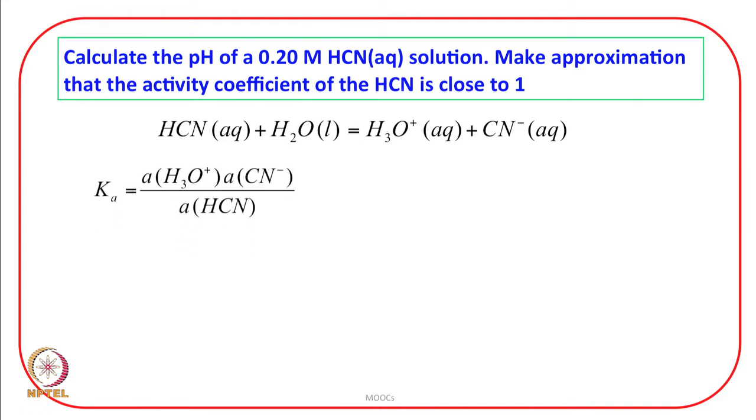And we also wrote the expression for Ka, and we came up with this expression: the activity of H3O plus is equal to the acidity constant into the concentration of HCN, in mole per liter, raised to the power 1/2.